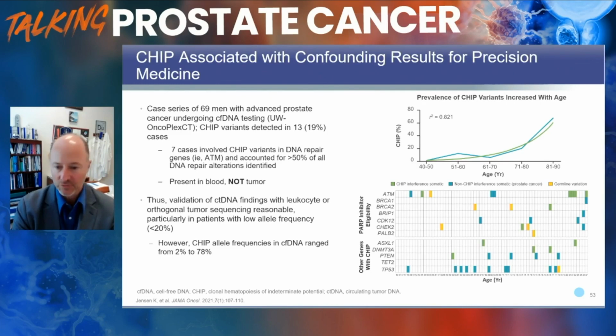So if you find a BRCA2, that's likely going to be real, but if you find a low prevalent ATM alteration, that may be CHIP, and having an orthogonal assay like tumor testing or a myeloid CHIP assay can help rule that out and help avoid exposure to a potentially harmful or expensive and toxic medication.